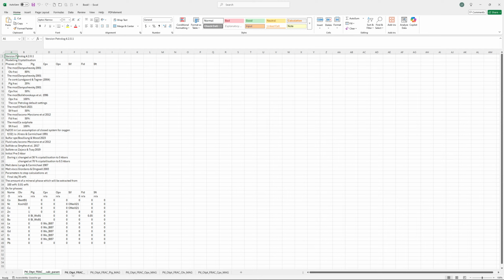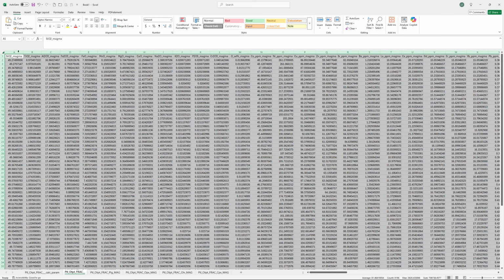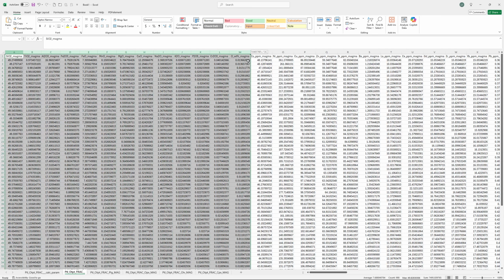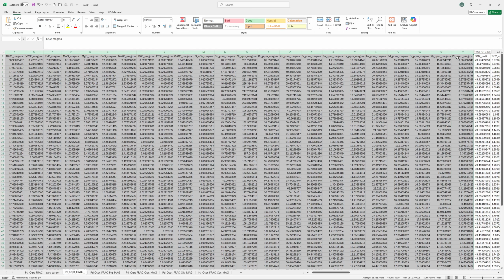Now let's have a look at the structure of the main output file. If you remember, the first set of columns here is for the magma composition, and because we have selected a number of trace elements in the starting composition, this is the number of columns which characterizes the magma composition.